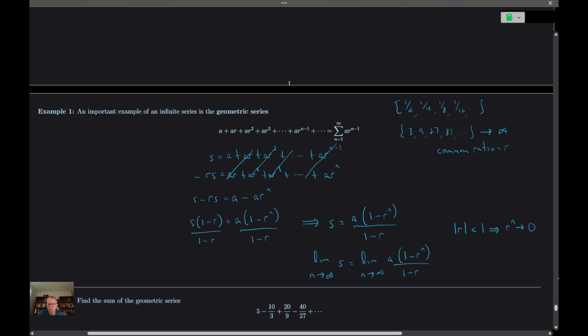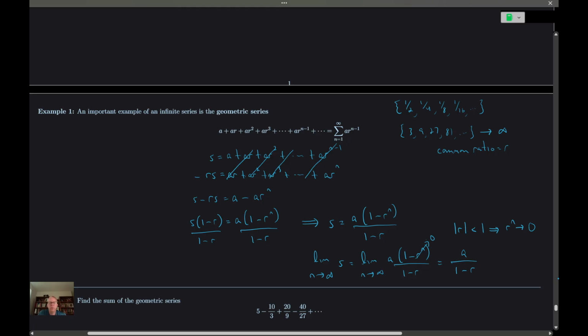So R to the n is going to go to 0 if the absolute value of R is less than 1. And so that means that that's going to go to 0. So then we just have 1 over 1 minus R times A. So we could write A divided by 1 minus R.